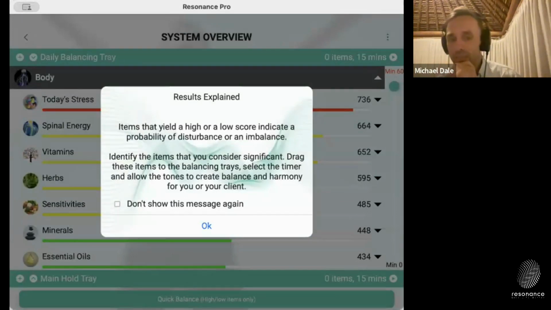Okay, so results explained. Items that yield a high or a low score indicate a probability of disturbance or an imbalance. Identifying the items that you consider significant, drag these items to the balancing trays, select the timer, and allow the tones to create balance and harmony for you or your client.